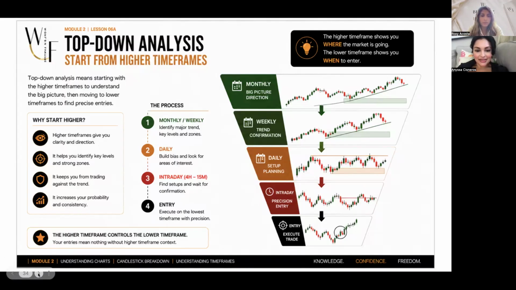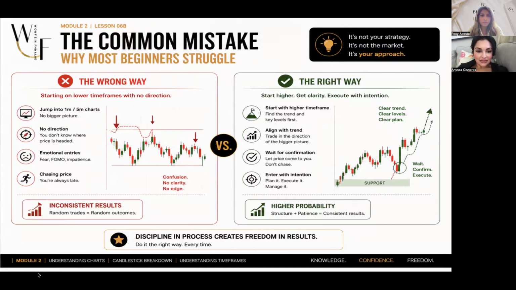Then we'll go into more details now that you understand candlesticks and the top-down analysis. We're going to start putting the puzzle together. That's why I tell people it's like putting puzzles together.